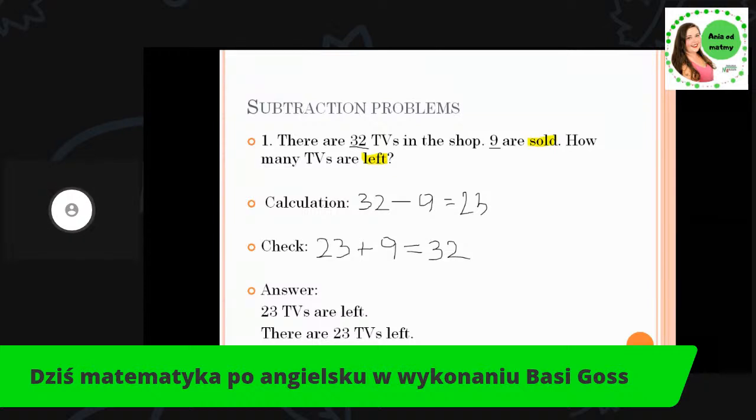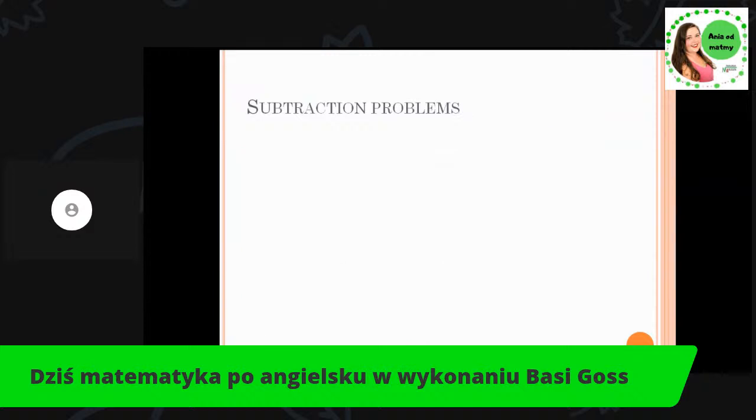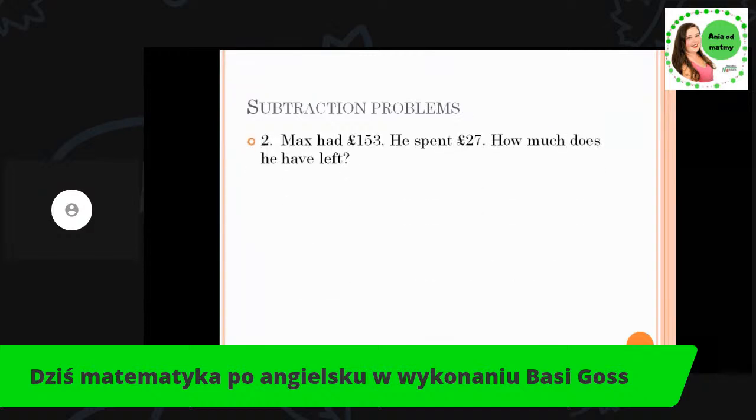And let's go to problem number 2. Okay, let's read the problem together. Max had £153. He spent £27. How much does he have left? Remember, in the UK, you write the symbol of a pound in front of the number, not after, like złoty. So the pound symbol is in front of the number.